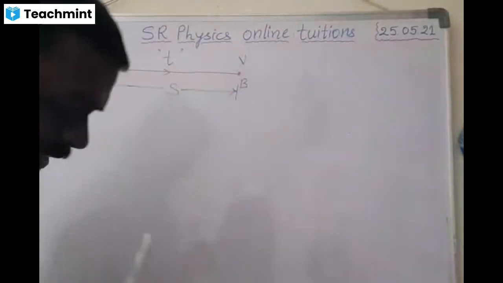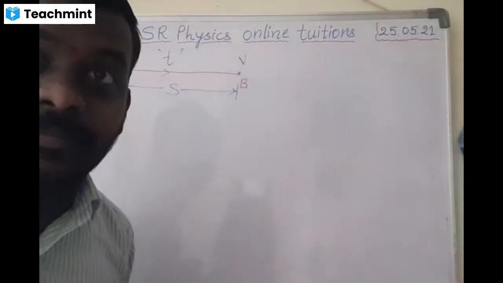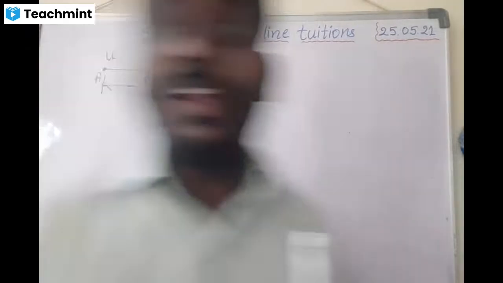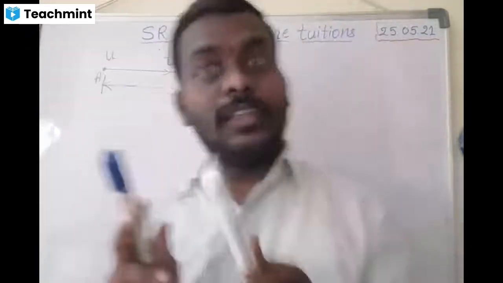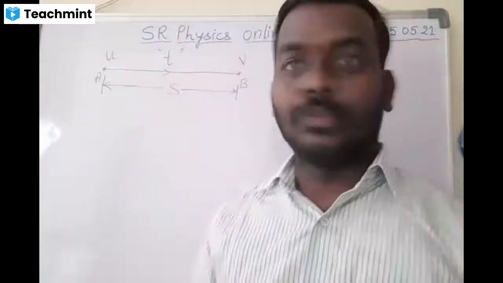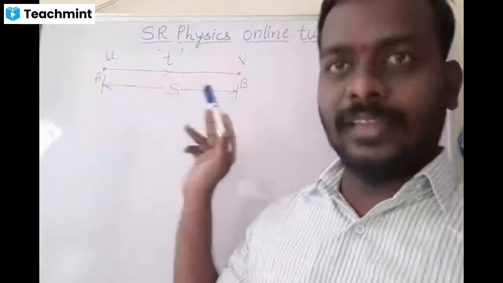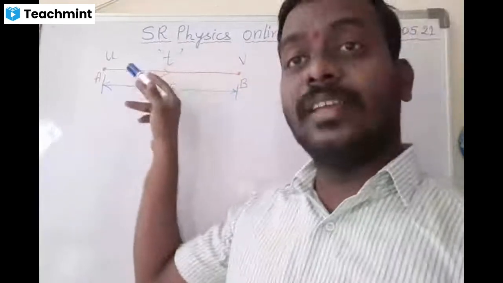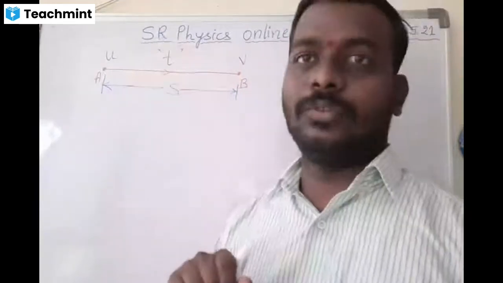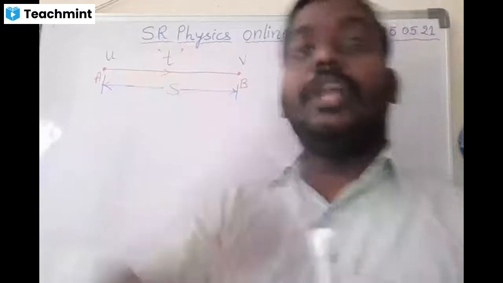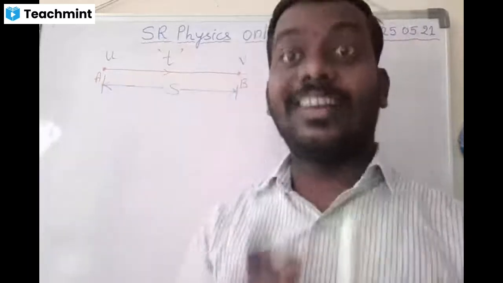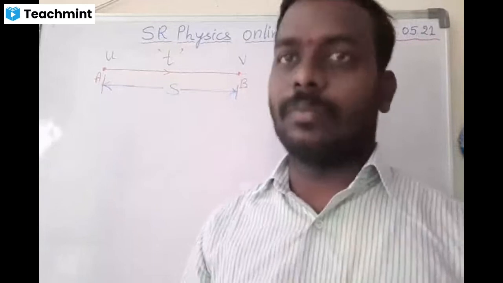Just now we have seen that average velocity is total displacement by total time. So how much displacement is there? And how much time is it taking? T. Now we need to correlate this with the general mathematical average formula.